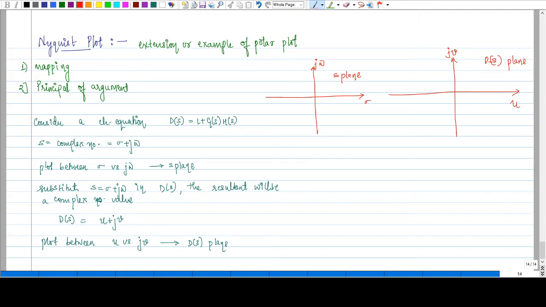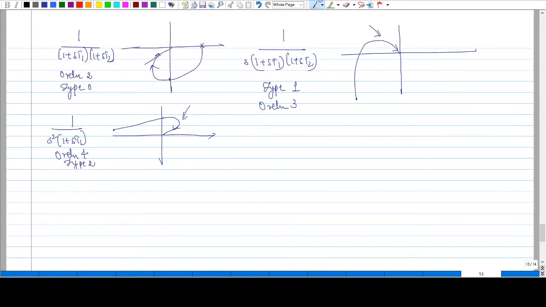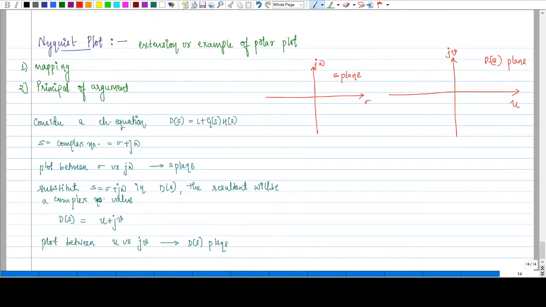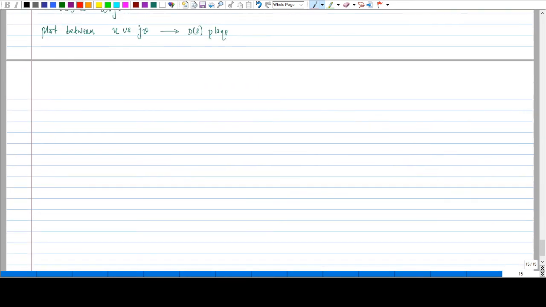Now we will understand the mapping with a small example. I'll take D of S, that is 1 plus G of S into H of S, equal to S plus 2 divided by S plus 3. This is one function I have taken as an example.